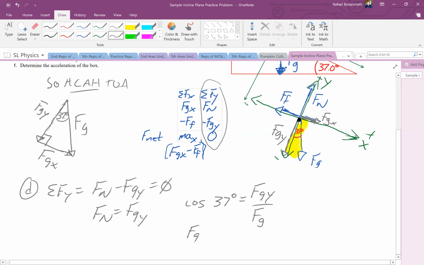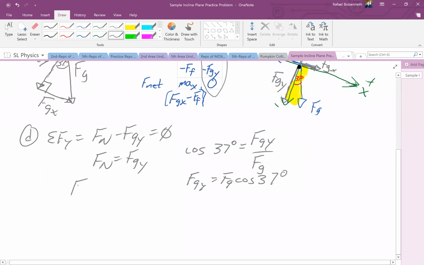Or in other words, FGY equals FG cosine 37 degrees. So that means the normal force equals FG cosine 37 degrees. And we know the object's weight is just going to be its mass times the acceleration due to gravity, times the cosine of 37 degrees. So when I substitute in those values, the mass is 4 kilograms.